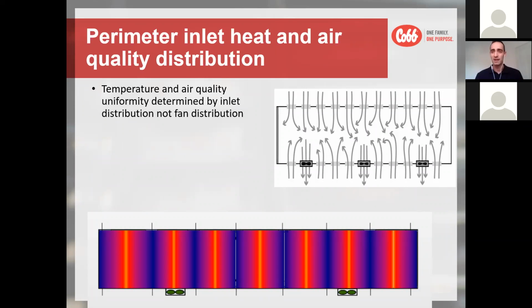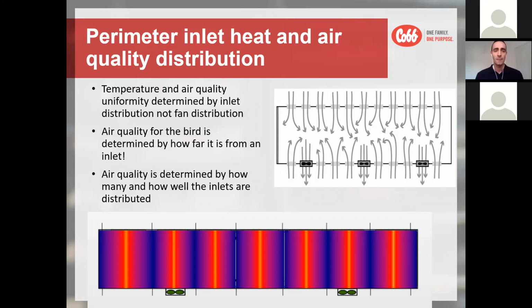So it can be a little bit difficult to get that good uniform air quality and heat distribution. The air quality for the bird is determined by how far away it is from an inlet. Air quality is determined by how many inlets you have and how well they're distributed.